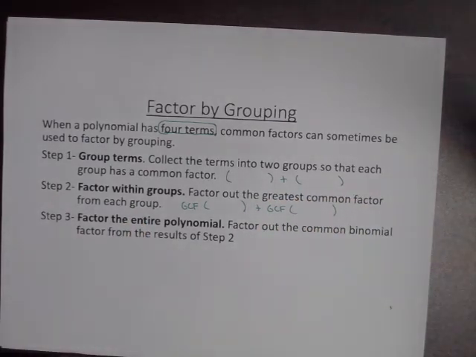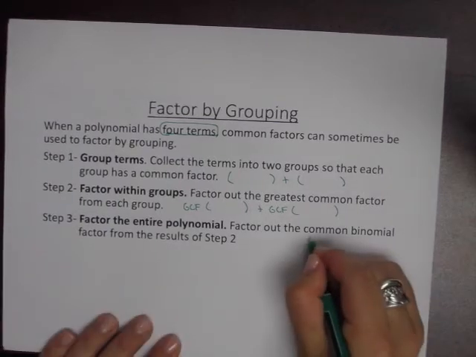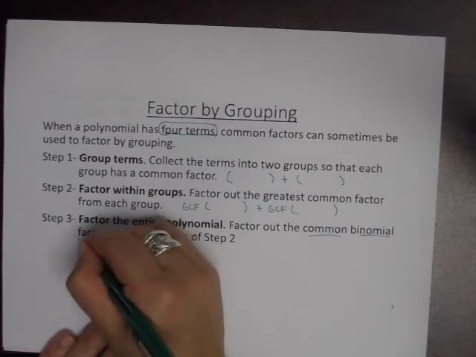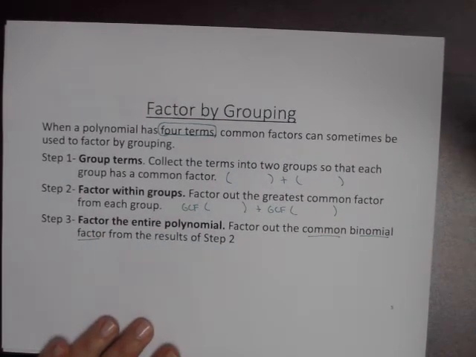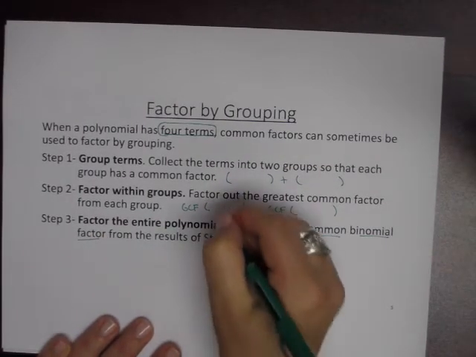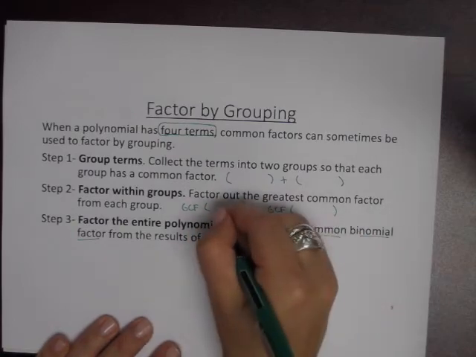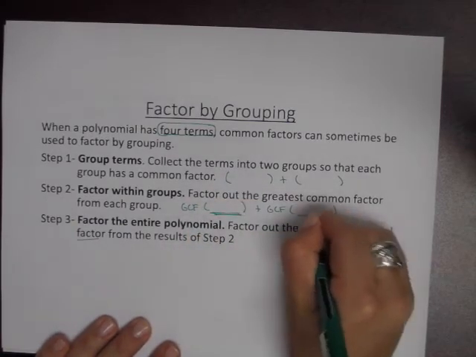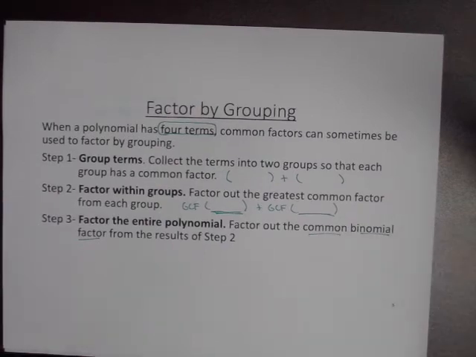Then step 3 is factor the entire polynomial. So you factor out the common binomial factor from the results of step 2. So this is why it's my favorite process, because this binomial should equal that binomial. We call them common binomials, but this is how you know that you have it absolutely right.